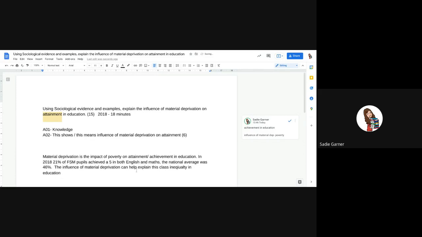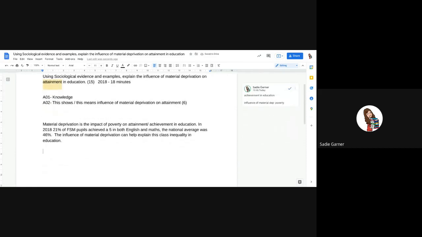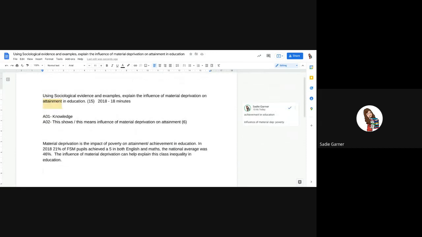It's basically the influence of material deprivation or poverty can actually explain that massive class inequality gap in education. So it's almost like a little mini introduction where I'm giving them the definition of material deprivation, and I'm highlighting that I know the knowledge, that I know the statistics of the inequality gap, and largely material deprivation explains that gap.